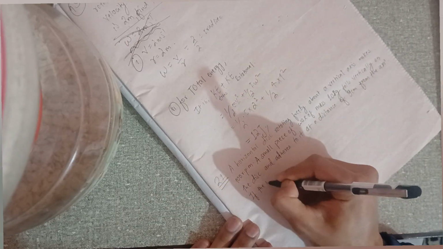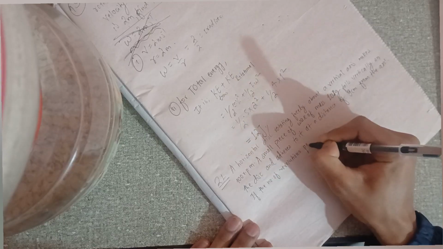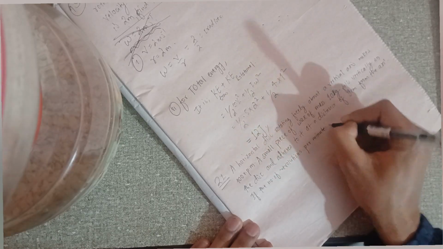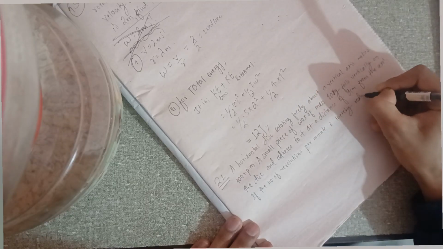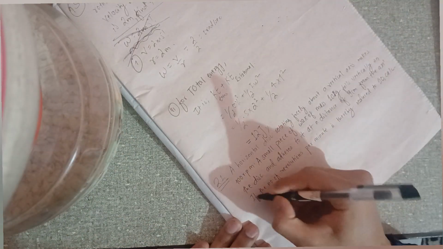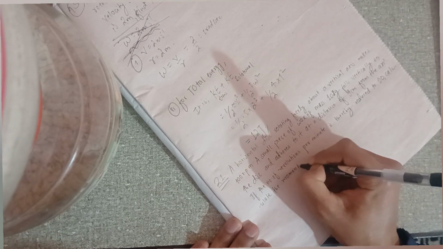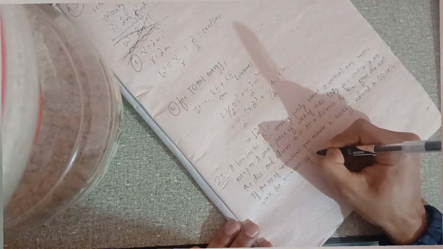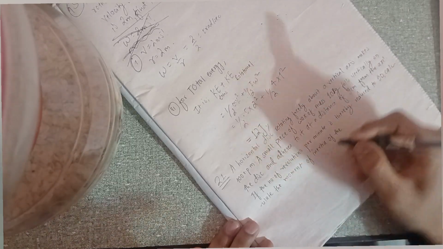If the number of revolutions per minute is thereby reduced to 90, calculate the moment of inertia of the disc.